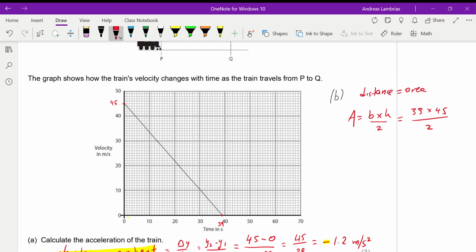If I do this on my calculator, 39 times 45 divided by 2, it will give me an area of 877.5, something that you can round up as 878. Now, what are the units? Velocity is measured in meters per second, and meters is used for length, so the distance, which is equal to the area, will be 878 meters.